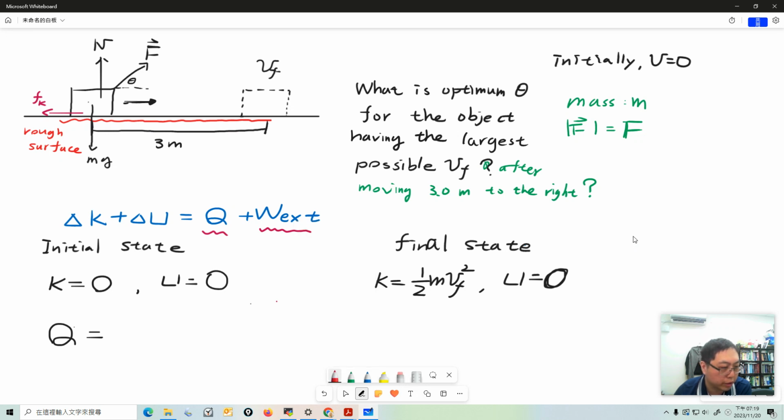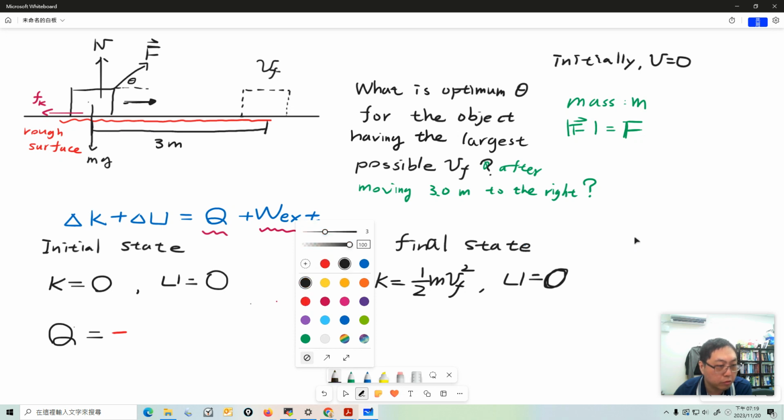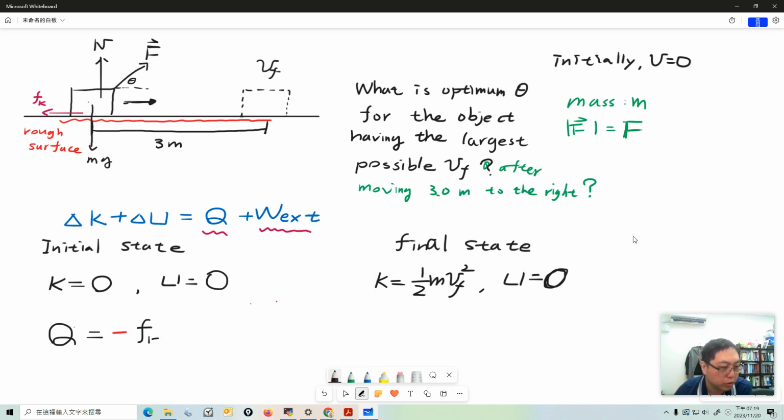It's the friction force times the distance, and the distance is 3 meters. So let's write down minus Fk times 3 meters.